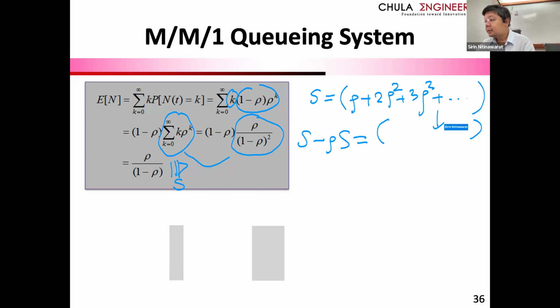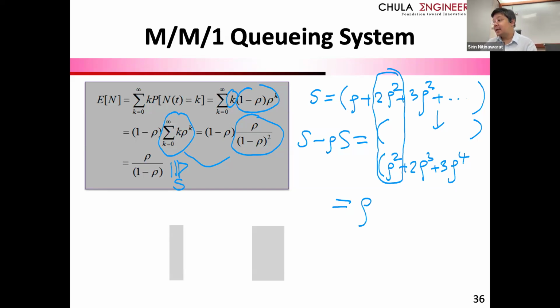What about rho S? Rho square plus 2 rho third plus 3 rho fourth. What happens if I subtract them? First one is rho. Second one, because of this progression, when I subtract, I will get rho square. Similarly, rho third, and so on.